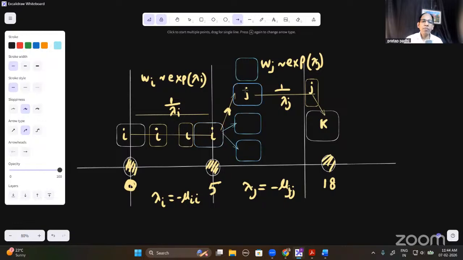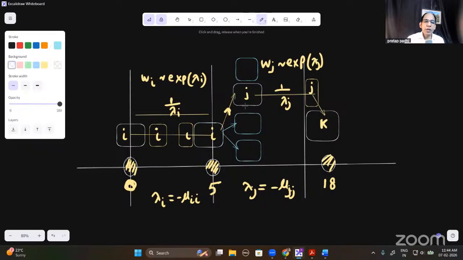What is the probability that when it leaves I, it will go to j only? This probability is actually called, you can write Pij, because we have already taken Pij for, we'll write, these are jump chain probabilities. This is called the Markov jump chain.